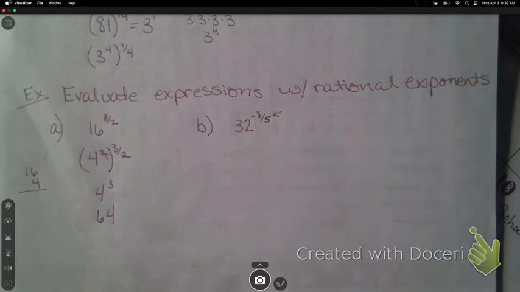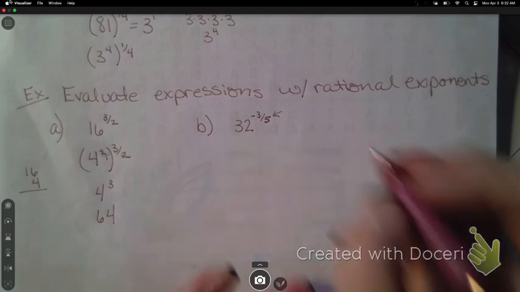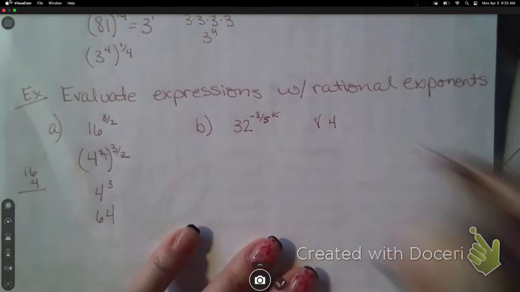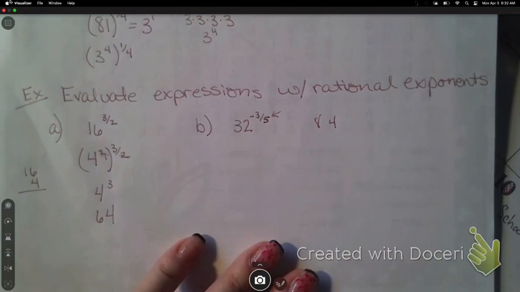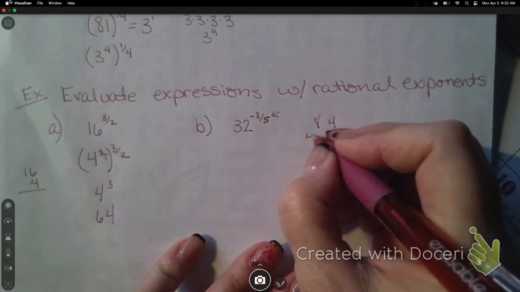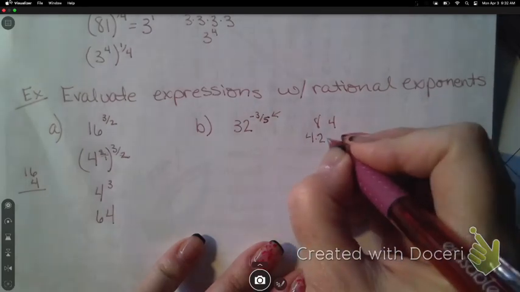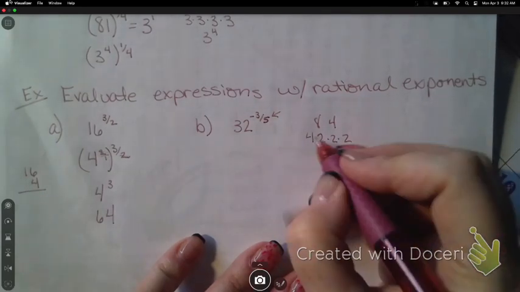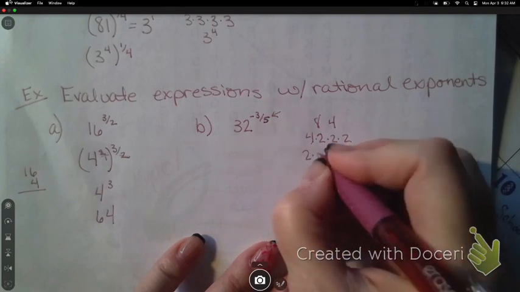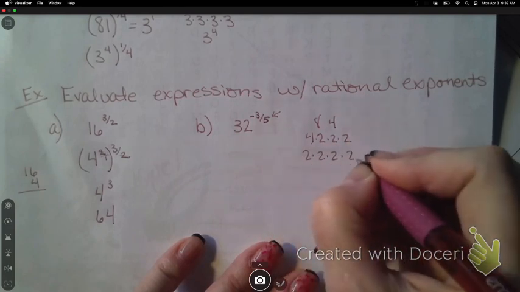What do you know times what gives you 32? 8 and 4. Okay, how can I break down 8 and 4? 4 times 2 times 2 times 2. And 4 is 2 times 2. So 2 times 2 times 2 times 2 times 2.